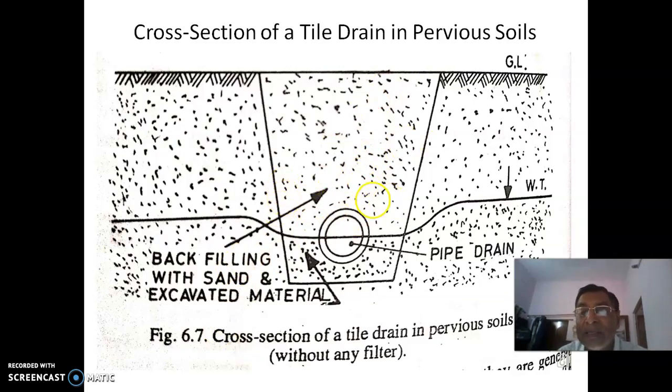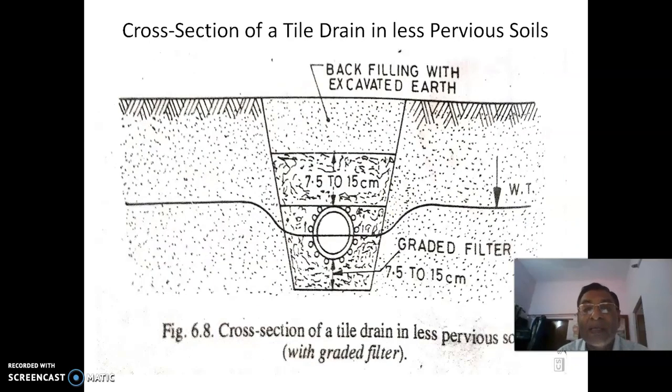The water gets drained, so that is how the water table is kept low. You can see here, it is not allowing it up to the top. It will be within this pipe level. The only difference from the earlier one is that this one is backfilled with excavated earth, and some graded filter is arranged around this.